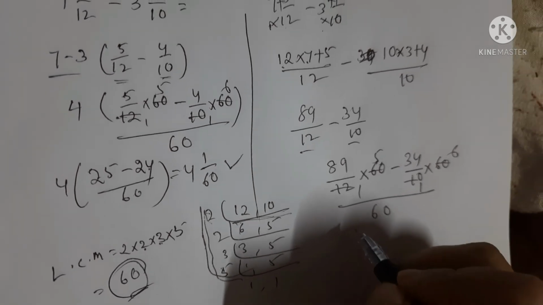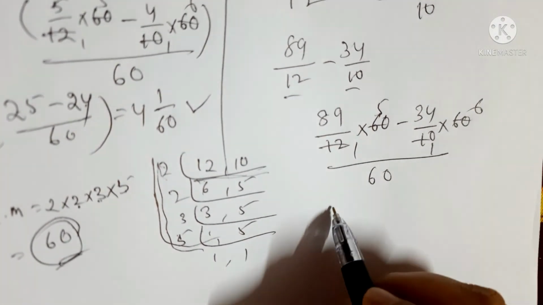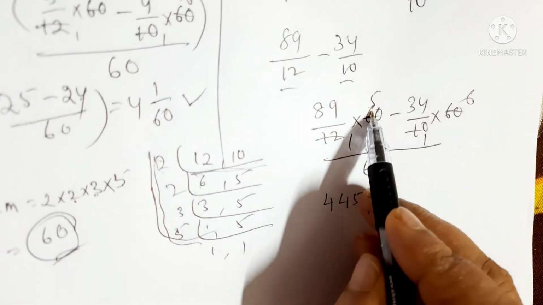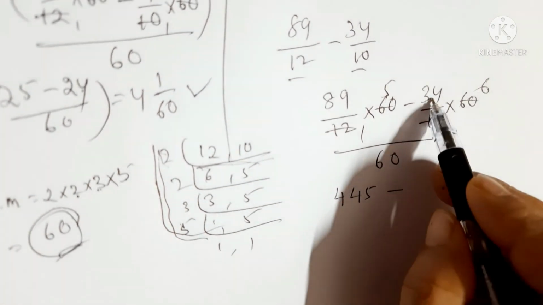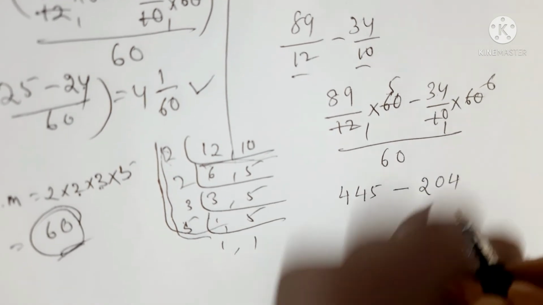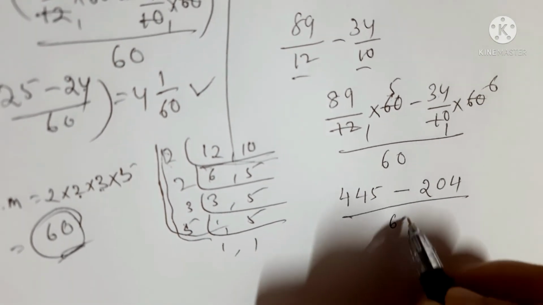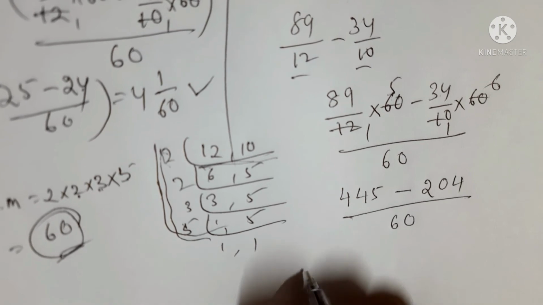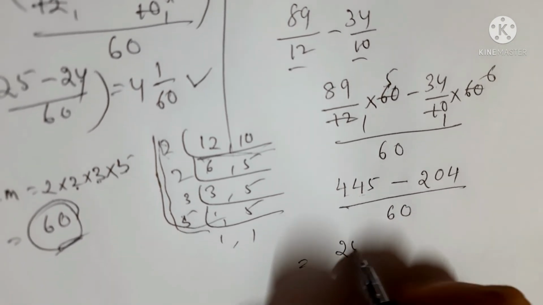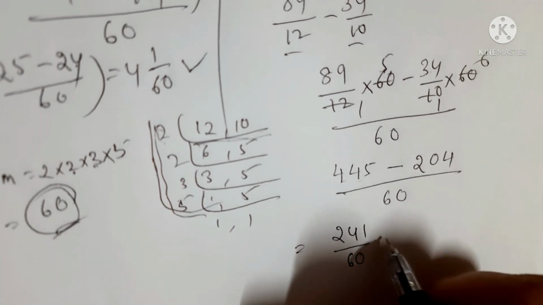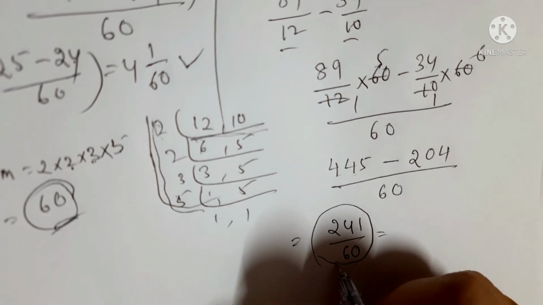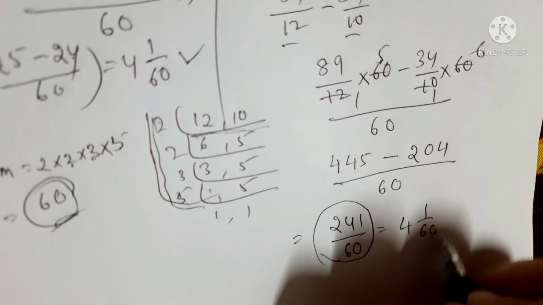Okay, so if we multiply both we will get 89 into 5 equal to 445 and 34 into 6 is 204, then by 60. If you do the subtraction you will get 241 by 60. If we solve this you will get the answer 4 1 by 60.